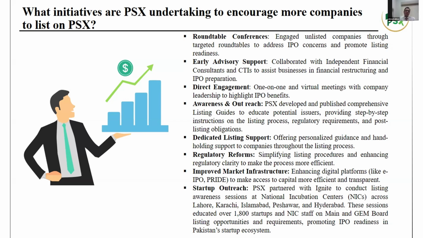Let me tell you that the process for reviewing the prospectus is all digital. We have our system which is actually called Pride, and it's all electronic. We do not encourage too much paper. It's all paperless, and it's a simultaneous review by SECP and PSX.